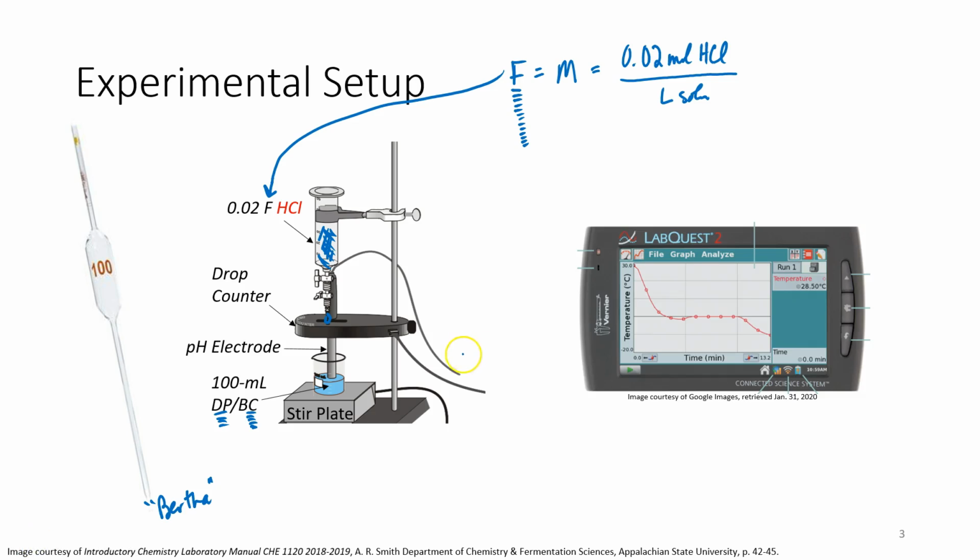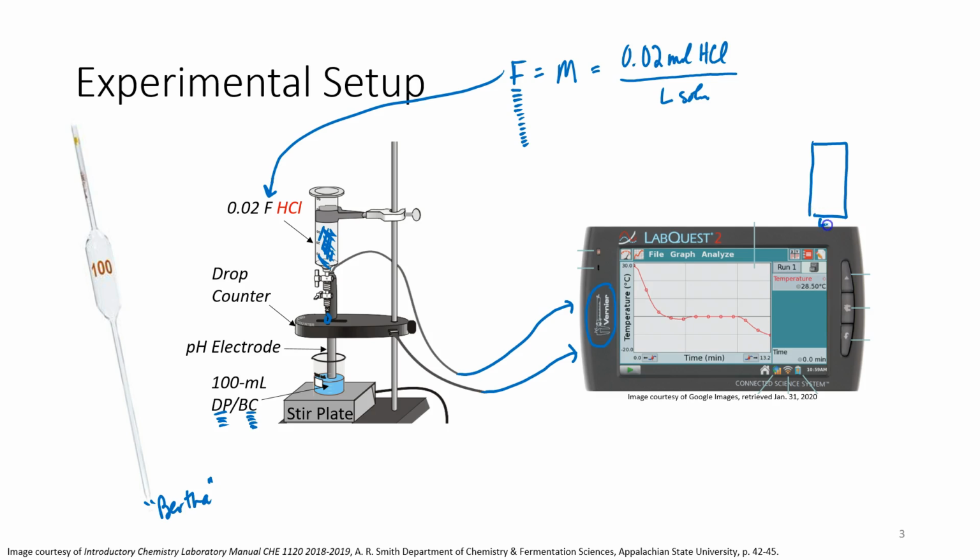And then your pH probe and your drop counter are going to be connected to these handheld Vernier devices, which will allow you to see data being acquired in real time. You will be able to save your data by placing a thumb drive.